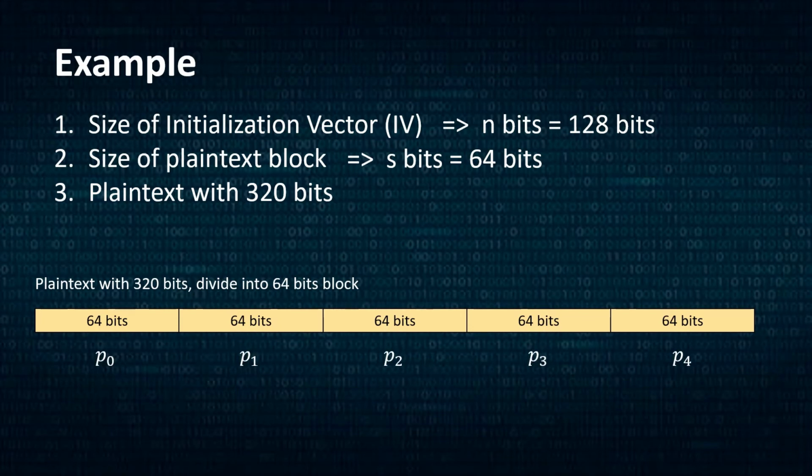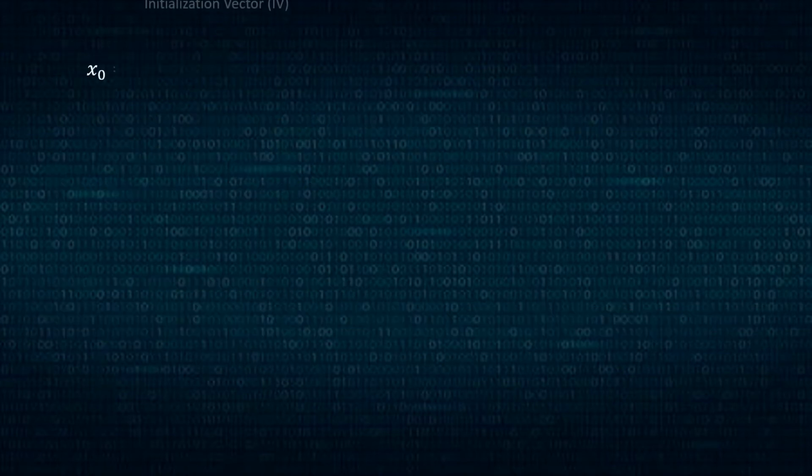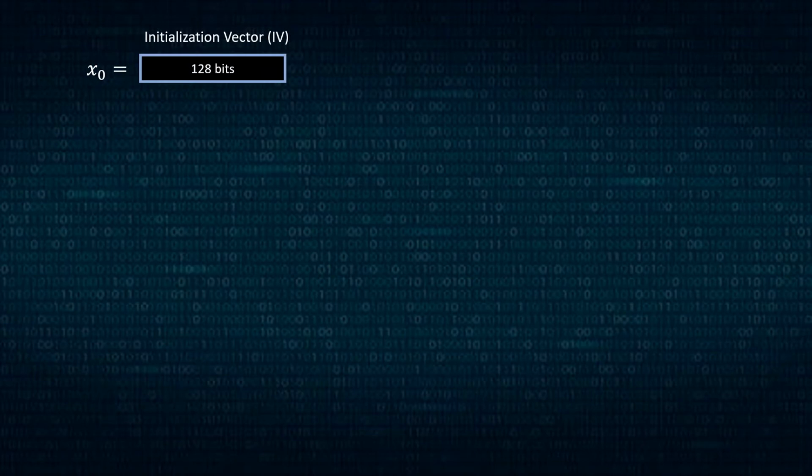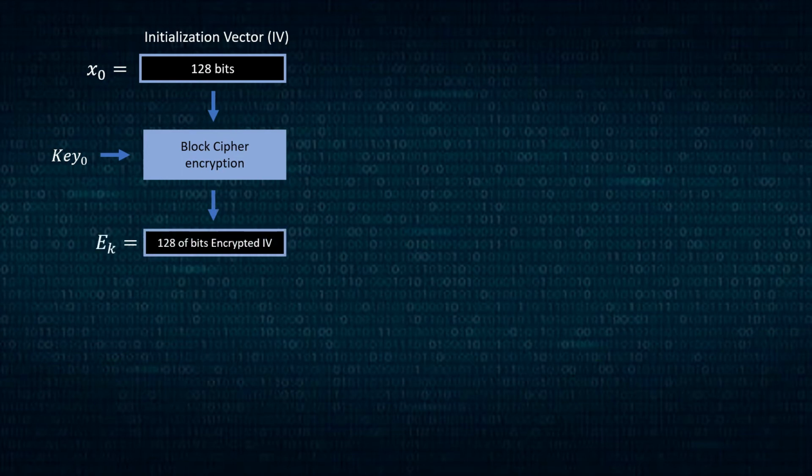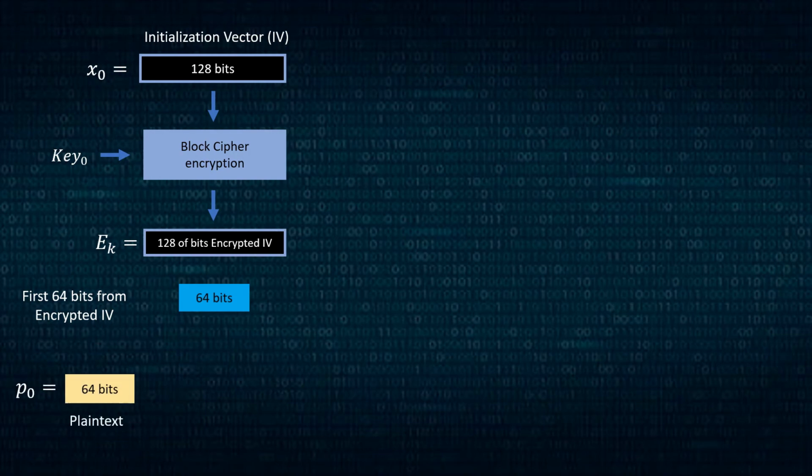Now we proceed with the CFB operation. First we have 128 bits of IV. We pass the IV to the encryption process with key 0 and get the encrypted IV. Then we select the first 64 bits from the encrypted IV for the next process, and discard the rest. Next we perform the XOR process with the first plaintext block P0. Now we get our first block of ciphertext C0.